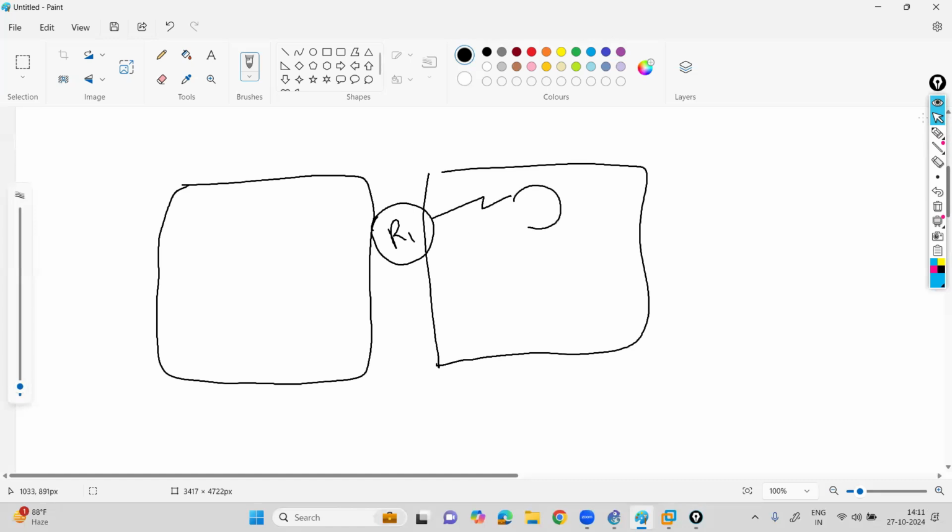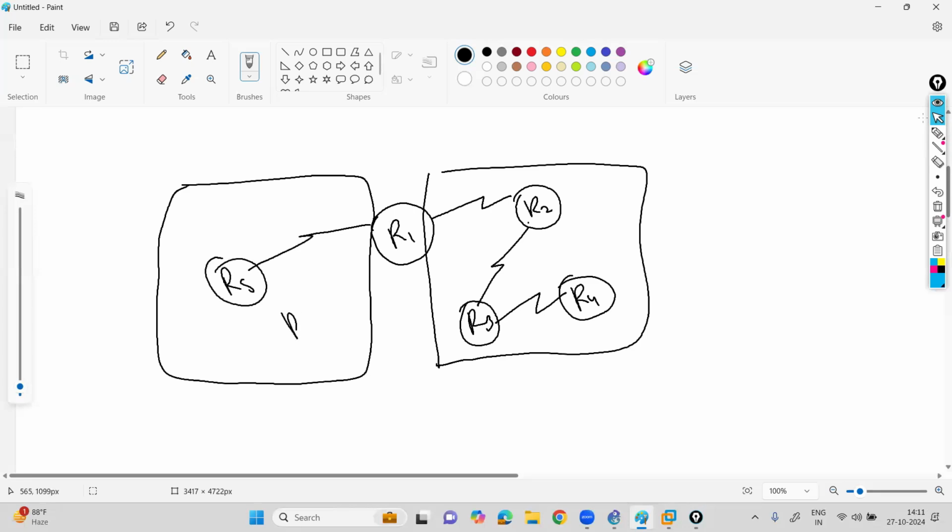Some routers are available here like R2, R3, and here R4, right? And it may be possible some routers are available over here also like R5, R6, R7 and R8. So let us assume these are the routers available in between these two.